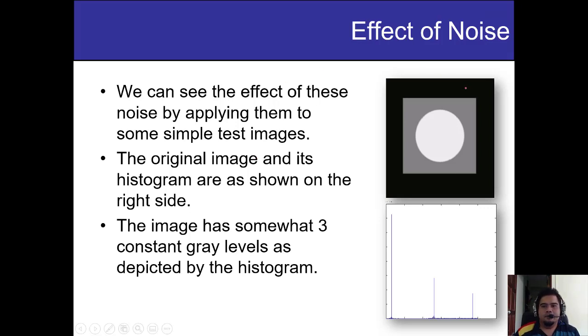If you have an image like this and plot the histogram, and the image is free from any noise, you will find that you only have 3 bars, because you have 3 colors. This means the image is free from noise, the ideal image.